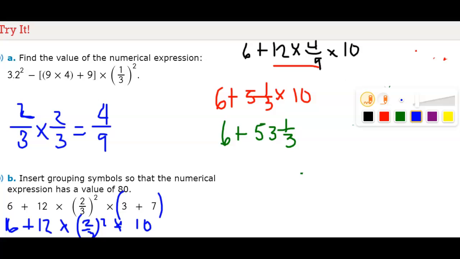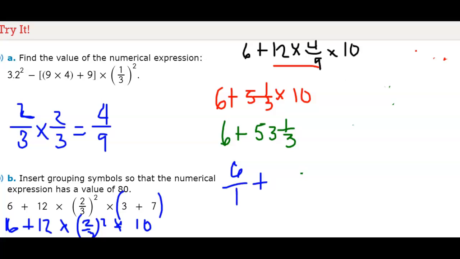We have to make them both into fractions. At least that's how I like to show it. So we have 6 over 1. And then 53 and 1/3, I'm going to make it into an improper fraction. So 53 times 3 is 159 plus 1 is 160. That takes us back to what we had before.